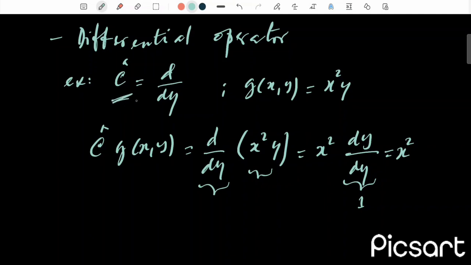Then we have C as an example of a differential operator.